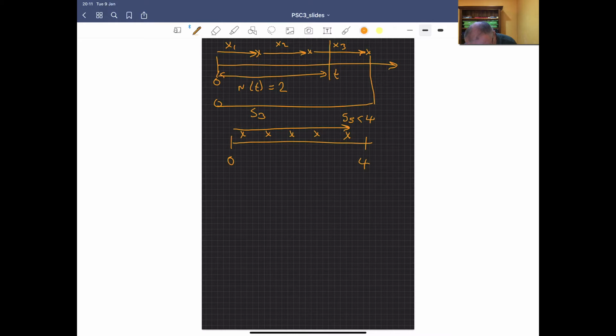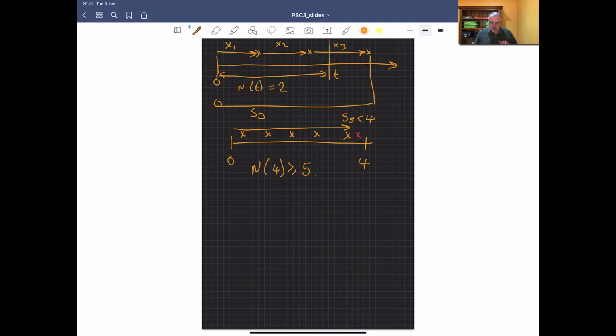This is also equivalent. You could actually have some extra events here, but you know that in this case, because the fifth event was less than 4, the number of events in this time period 4 must be greater than or equal to 5.